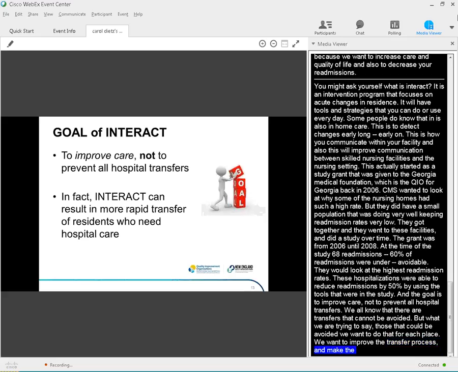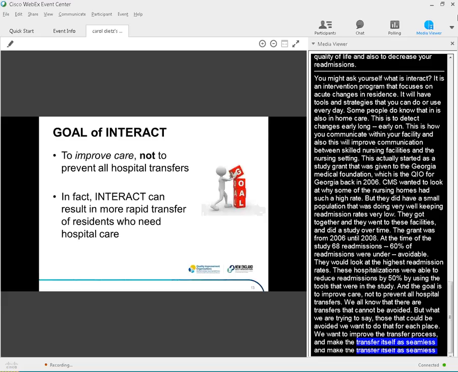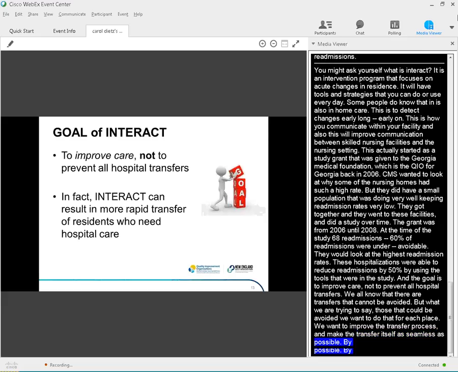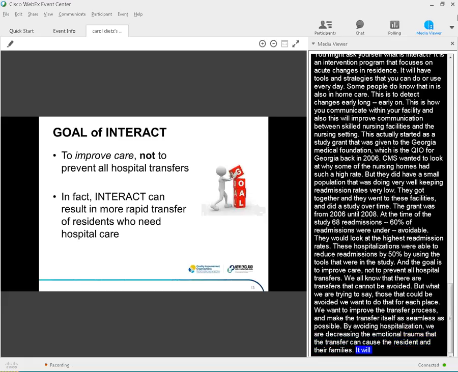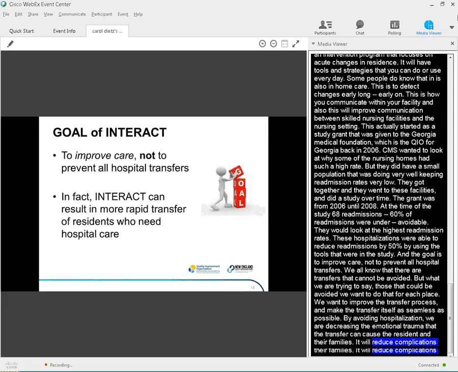So by avoiding hospitalizations, we are decreasing the emotional trauma that this transfer can result in for the resident and their family. It decreases complications of hospitalization. When you have people who have dementia, to transfer them out of their comfort zone into a hospital actually worsens their condition.